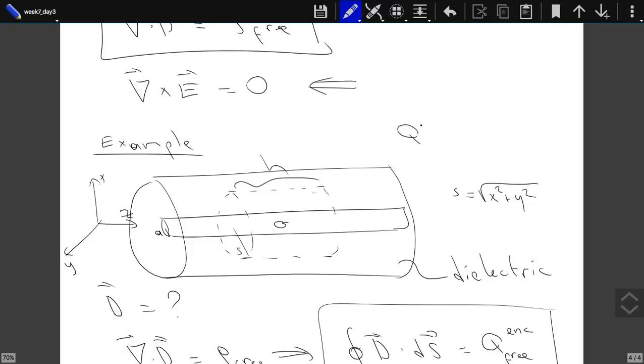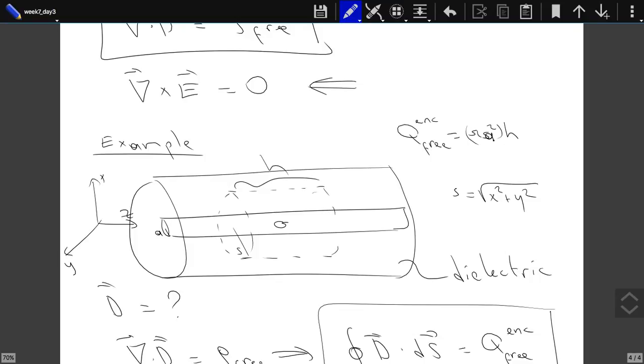What is the enclosed free charge inside this Gauss surface? Pi a squared times h. That is the volume inside our... pi s squared or pi a squared? Pi a squared h, this is the volume inside my cylinder.